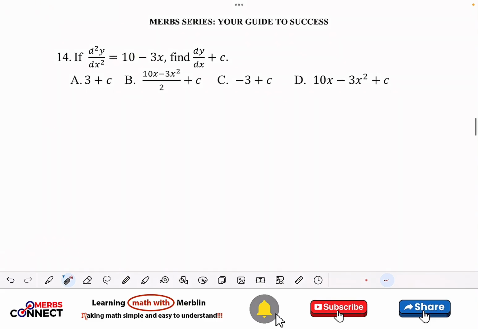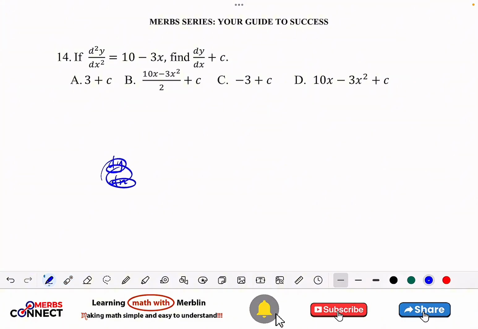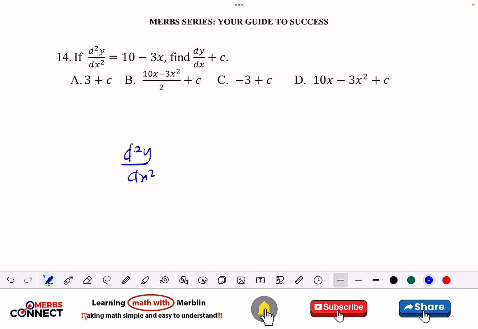Let's look at question 14. So question 14, we want to find dy over dx plus c from this. This means they've integrated the function once, right? So d squared y divided by dx squared is equal to 10 minus 3x. The function has been differentiated 2 times, and we want to go to just differentiated once.